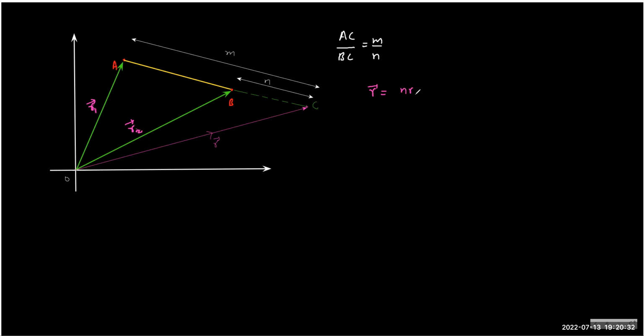That doesn't matter. So NR1 minus MR2, upon N minus M, like this. Yes, that's fine. So you can take minus common.